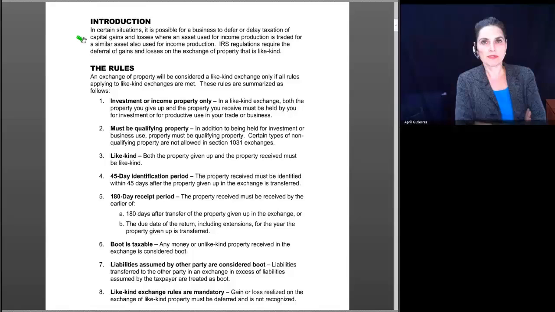Yesterday I went to the IRS website and just did a search engine for like-kind exchange court rulings. And when I did that, I came up with a number of court rulings that if I'd had lots and lots of time, as in weeks, I could sit there and start reading them.